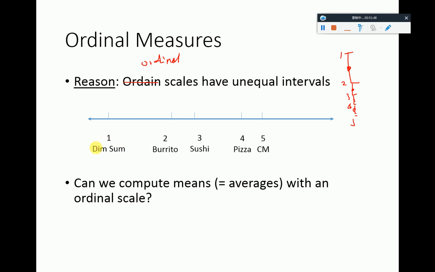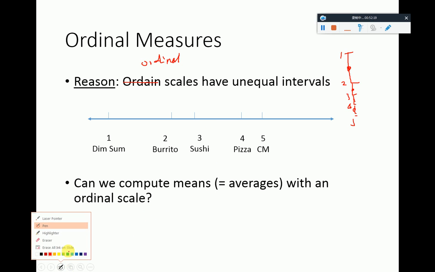For example, here, because 1 is so much better than 2, and so much better than the rest of the types of food, that implies that Andrew very likely assigns a very heavy weight to dim sum, but a much lighter weight to sushi. And all these different values have different weights, indicated by the different intervals they have.